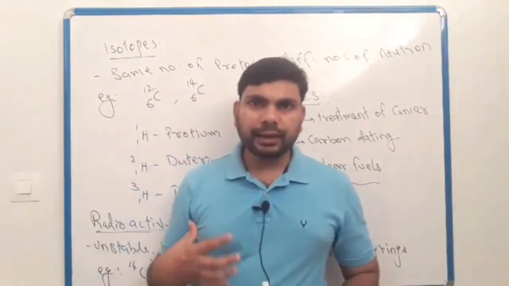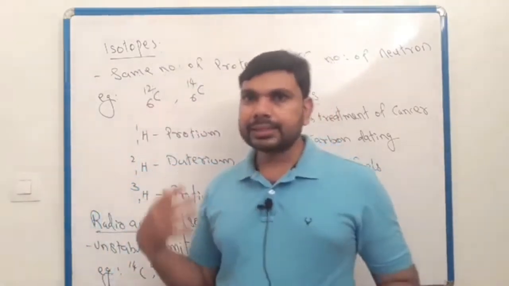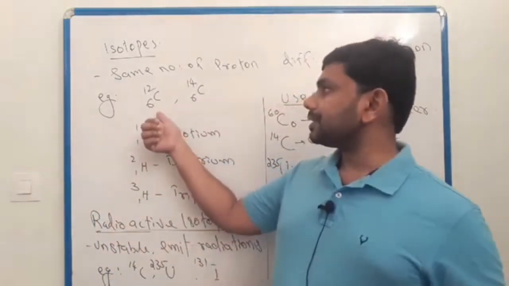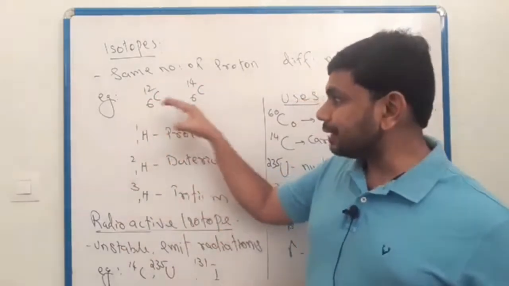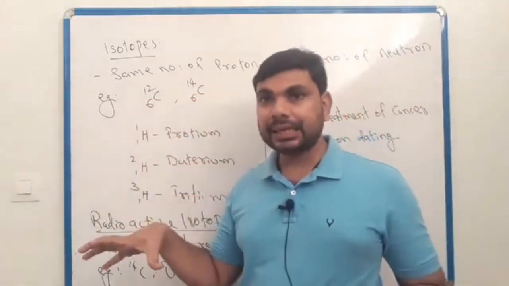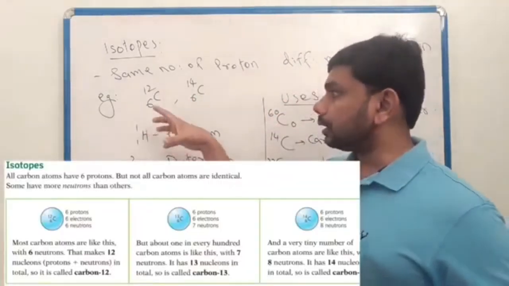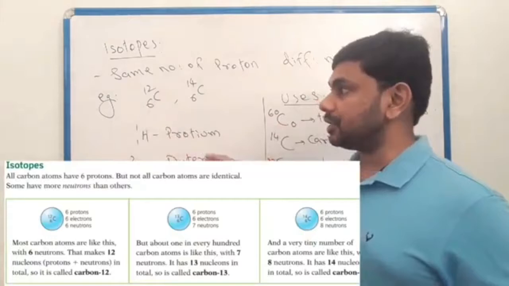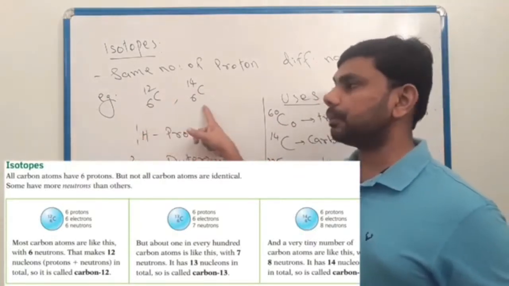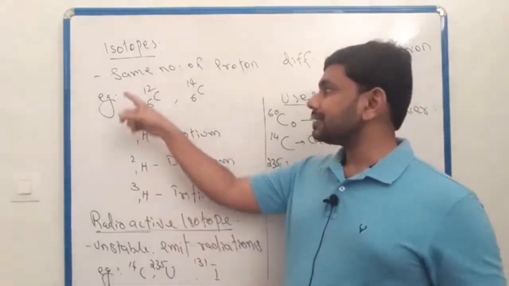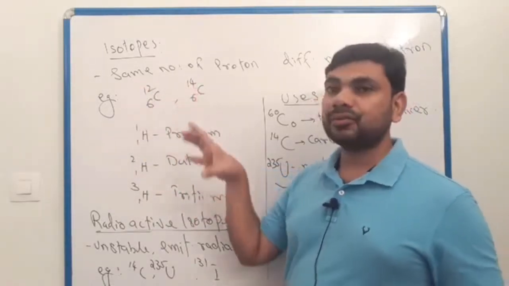Okay, next we have to discuss isotopes. See here the example for isotope: carbon 12, carbon 14. Here the same element carbon exists in a different form. This is carbon, this is also carbon, their atomic number is the same, but they have different mass number. Here mass number 12, here mass number 14.